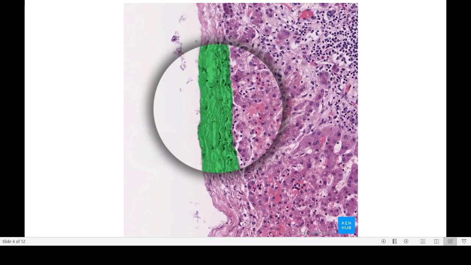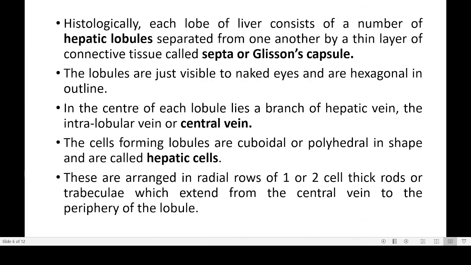Now here you can find the tissue level arrangement of the liver. Histologically speaking, each lobe of the liver consists of hepatic lobules. The lobes are separated from one another by a thin layer of connective tissue called septa or Glisson's capsule.